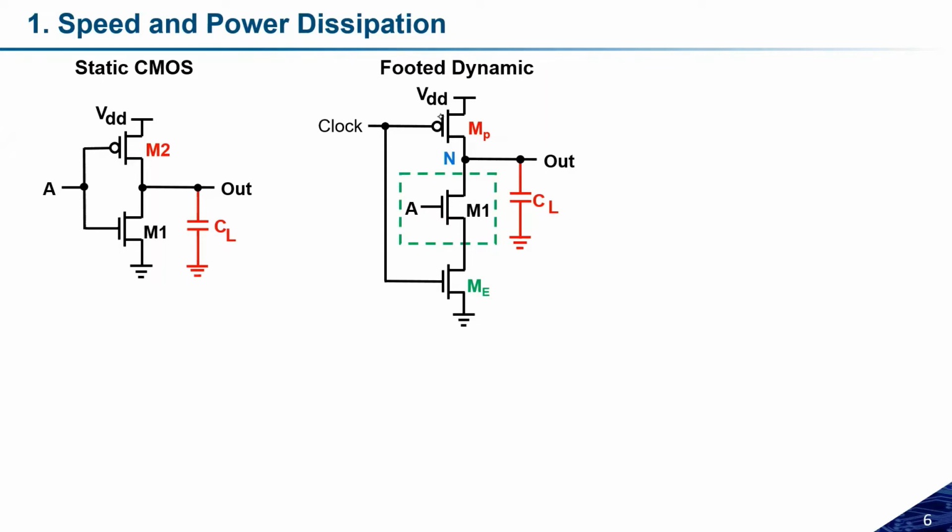To overcome that problem, we have an alternative. Definitely there is no problem in the TPLH because we have a single transistor in both configurations, and if I'm considering MP equal to M2, then the TPLH will be the same in both cases.